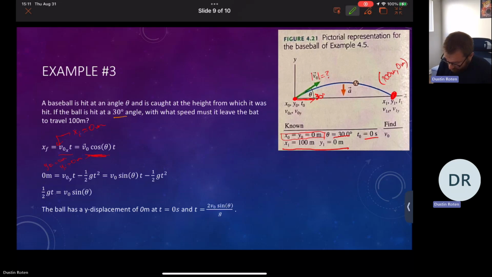I think I want to do this maybe in green. So I need the vertical component of my speed, so how fast the up part of this vector is. I don't know what v0 is, but I do know how to calculate the vertical component of it. Right, and that's just going to be sine of the magnitude. So that's this piece right here. Oh, good, you can see that, I think. Okay, so we want that vertical piece.